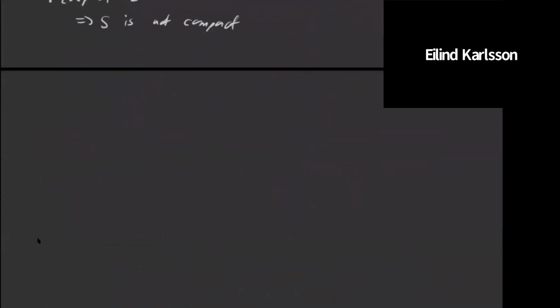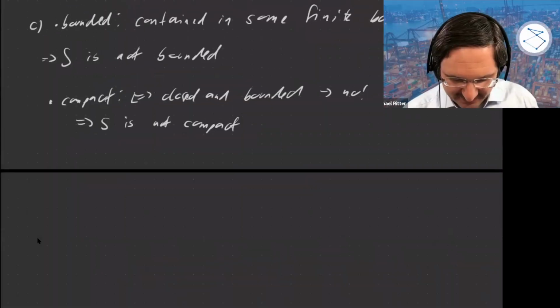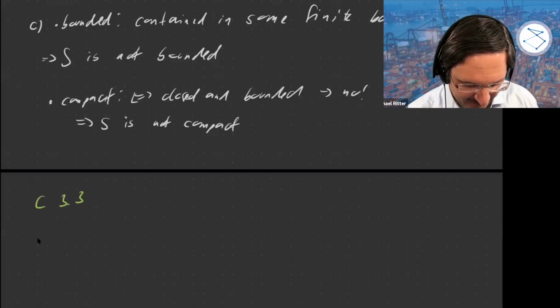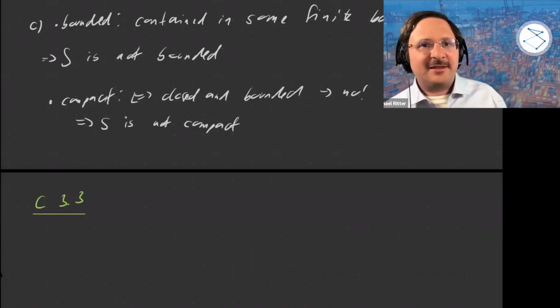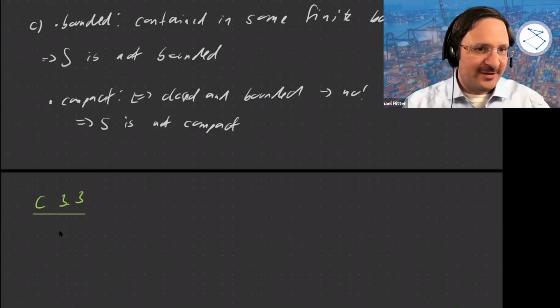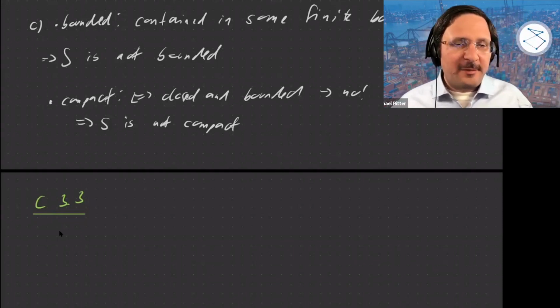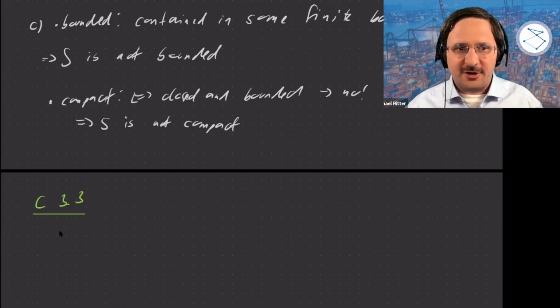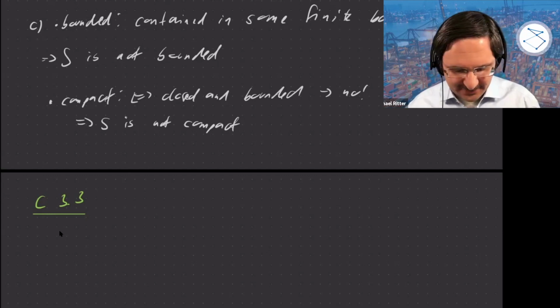So let's go ahead to the last problem on that sheet, C33. That's basically an exercise in diagonalization once again, an application, an interesting one, I think. You remember that we've discussed the Fibonacci sequence briefly in Math 1, and we also talked about it in Math 2 in the lecture videos.